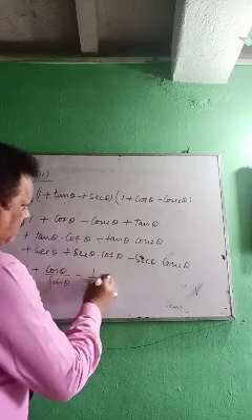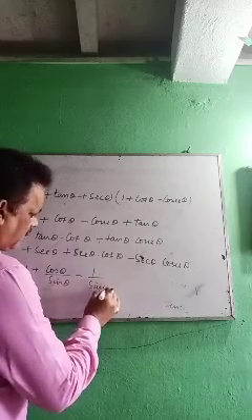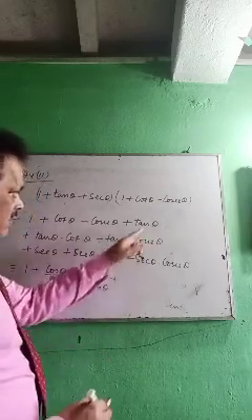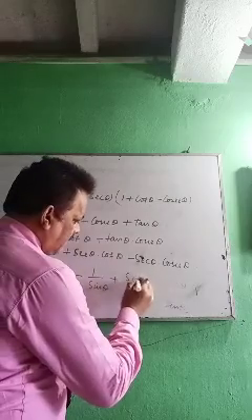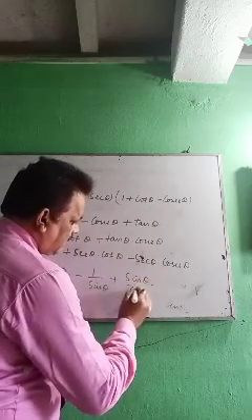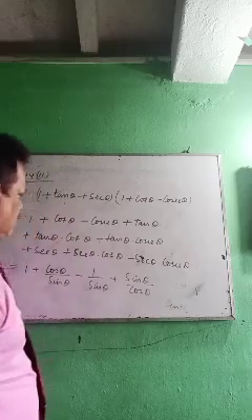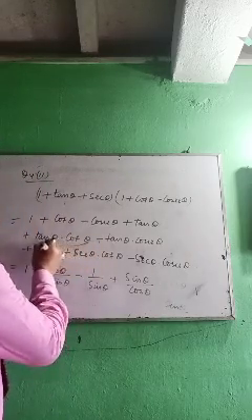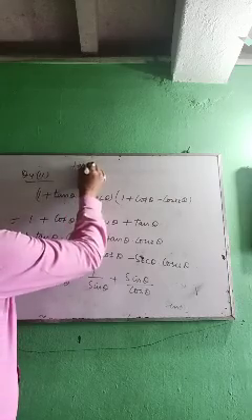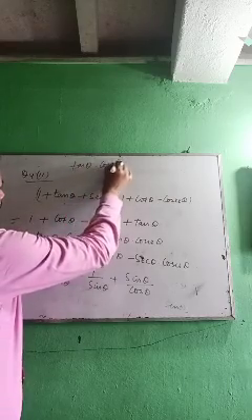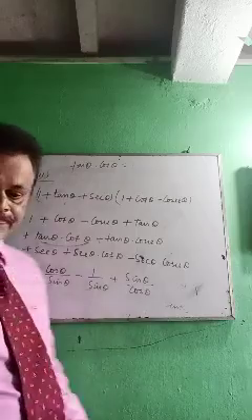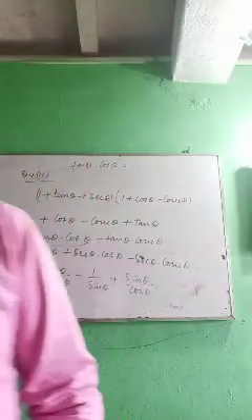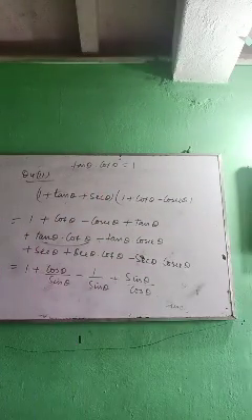Cosec is 1 by sin theta, the formula I gave just now. Tan is sin theta by cos theta. Remember, tan theta into cot theta is 1. Tan theta into cot theta equals 1. This is the formula.